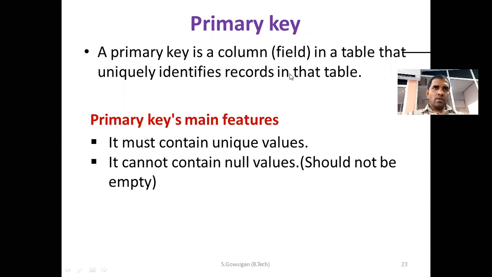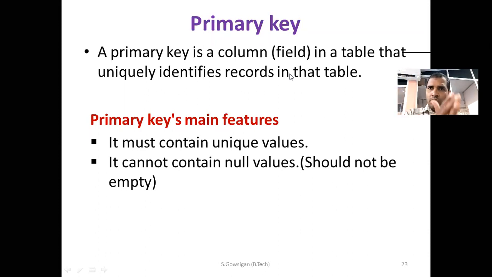If you want to take a field as a primary key, that field must satisfy 2 requirements. You can't take all the fields as primary key, because a primary key field must have some qualifications, some eligibility.